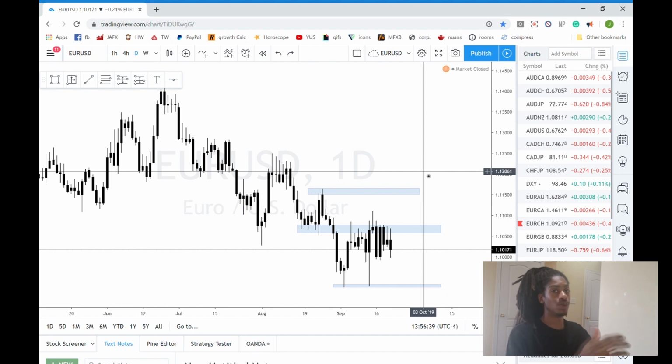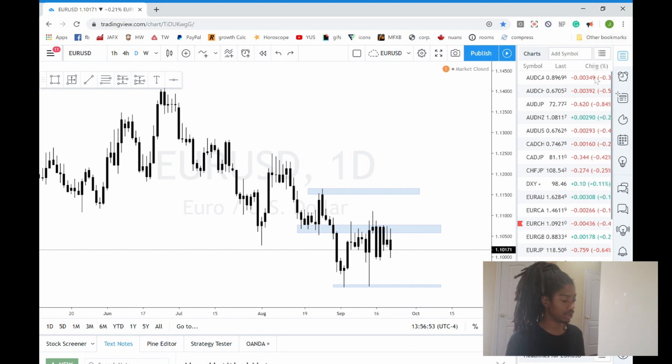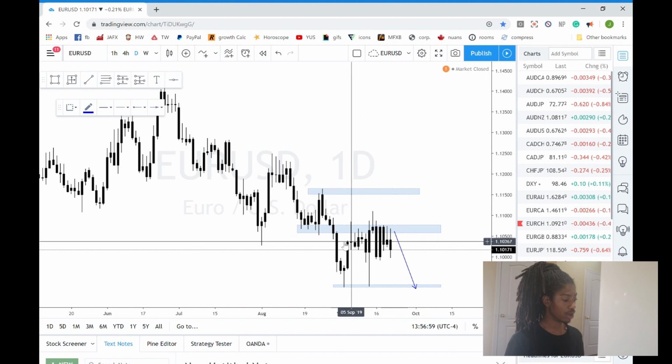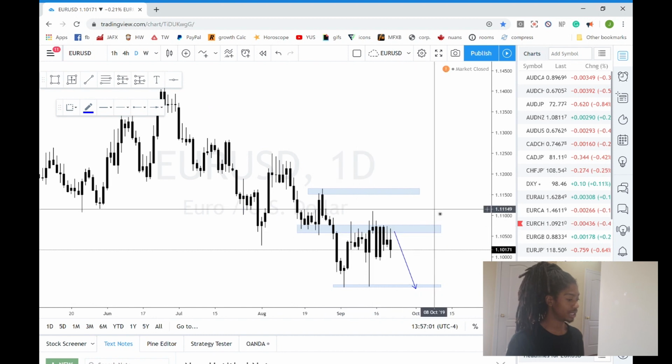And you can pair this with correlation as well. See if the other Euro pairs are moving in the same direction, or the US pairs are moving in the same direction, or the exact opposite, depending on whether you're trading the USD-X pairs or the X-USD pairs, right? So our bias for this is ultimately down because we are below the resistance.